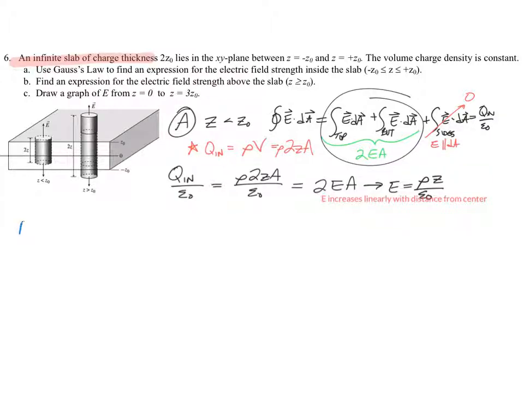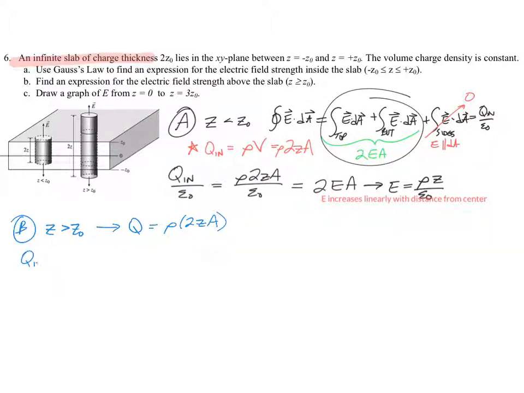So, part A down. What about z greater than z naught? Again, my charge is going to be equal to rho times 2zA. Nothing unusual here. And let's see.